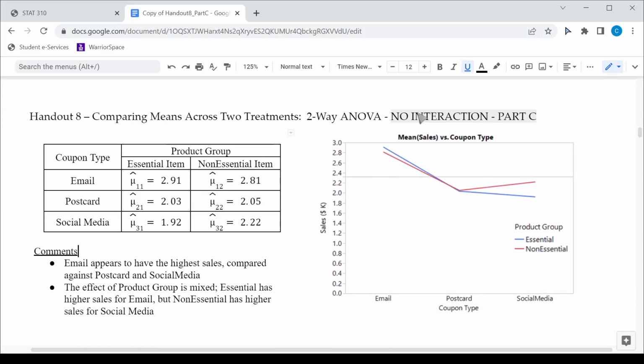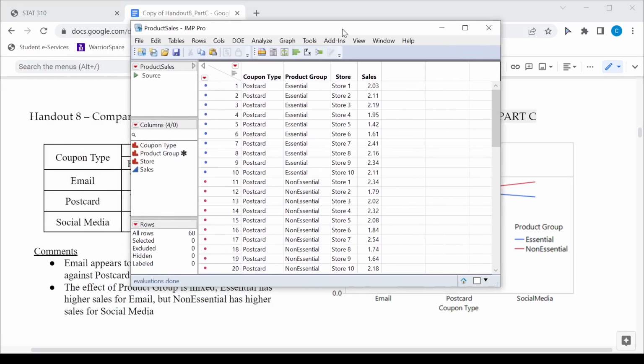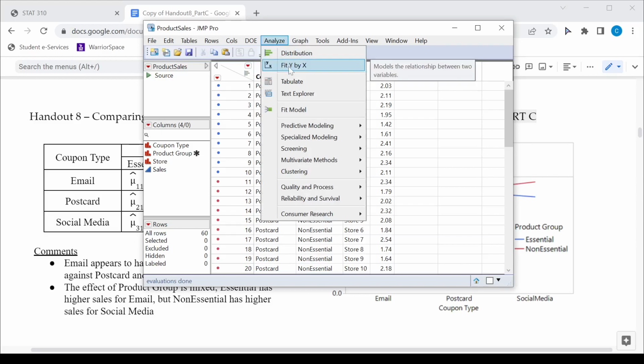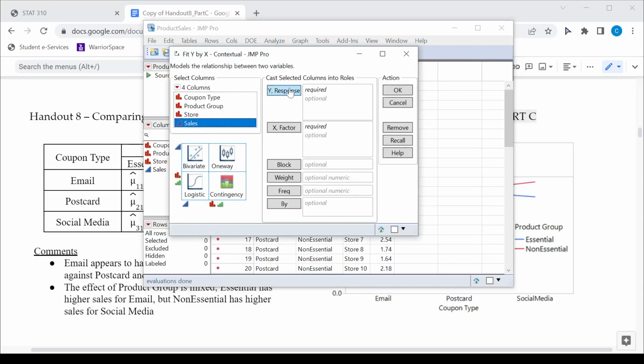Here's the graph that we have for that. If I quickly show you how to do that, I have color or marked by the product group here. So when I go Analyze, Fit Y by X, I'm going to say sales here. I want to do that across coupon type, which is what I have on the bottom here.